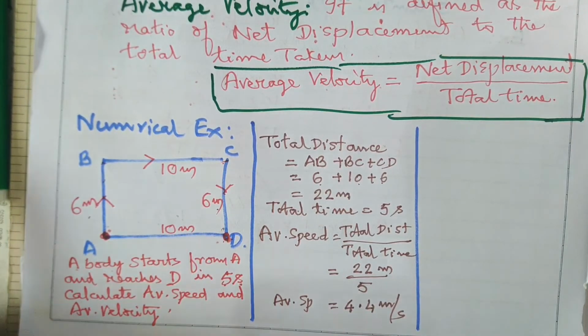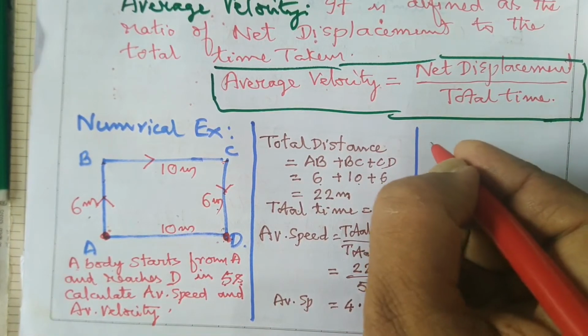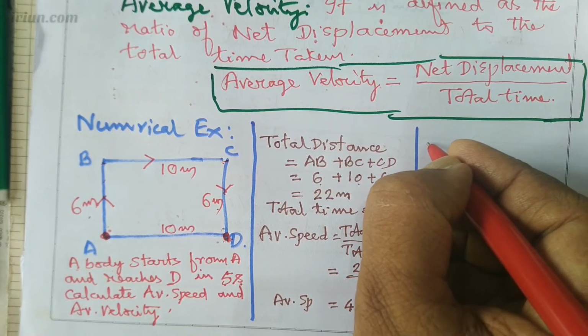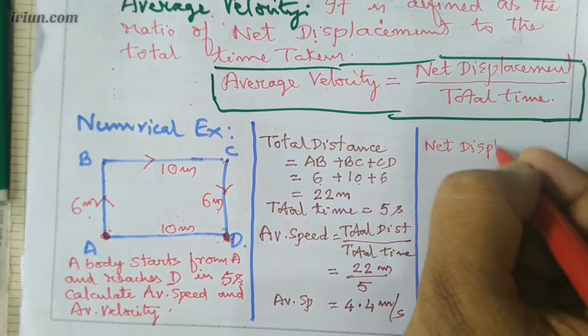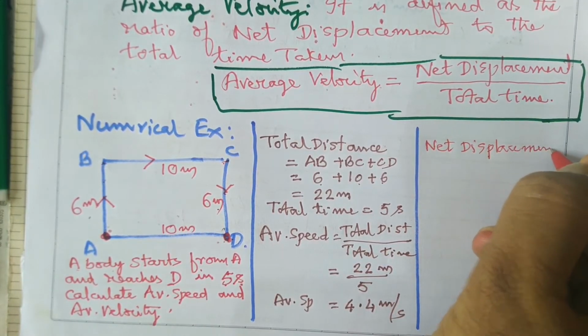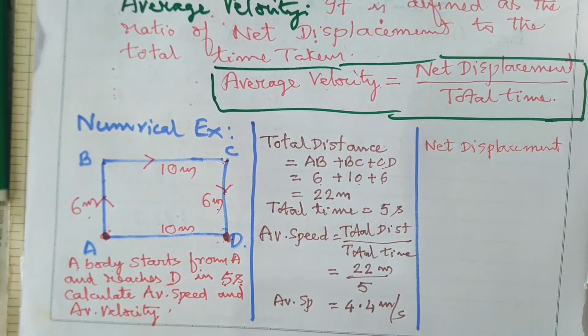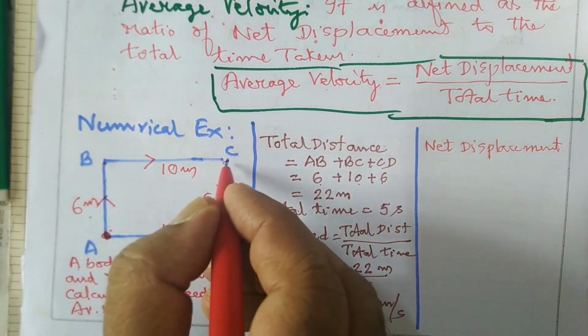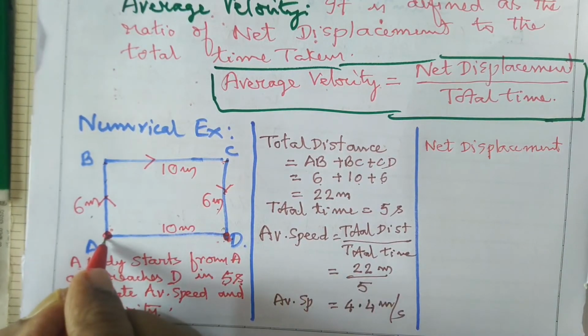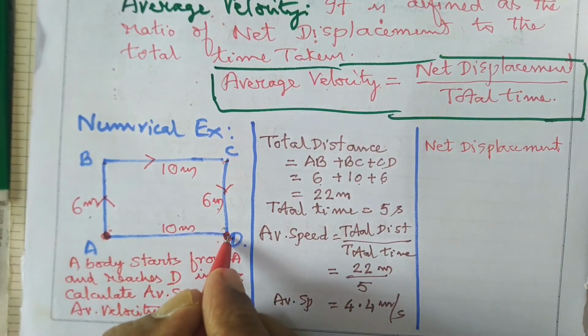Now we'll go to the average velocity calculation. For that, we have to find the net displacement. I'd like to remind you, displacement is a vector quantity. According to the definition, displacement is the shortest distance between the initial point and the final point in a particular direction. If the path is covered from A to B, B to C, C to D, this is the initial position and this is the final position.